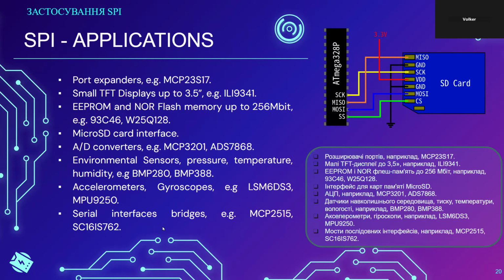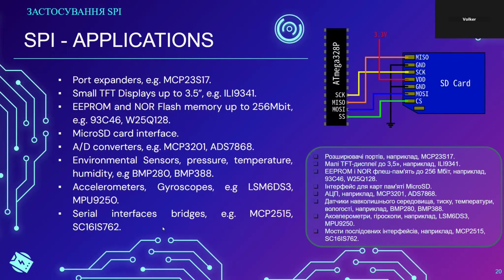So that's kind of where the limit of the SPI speed is coming up. The ILI9341 is one of the chips that supports the SPI port for these TFT displays.